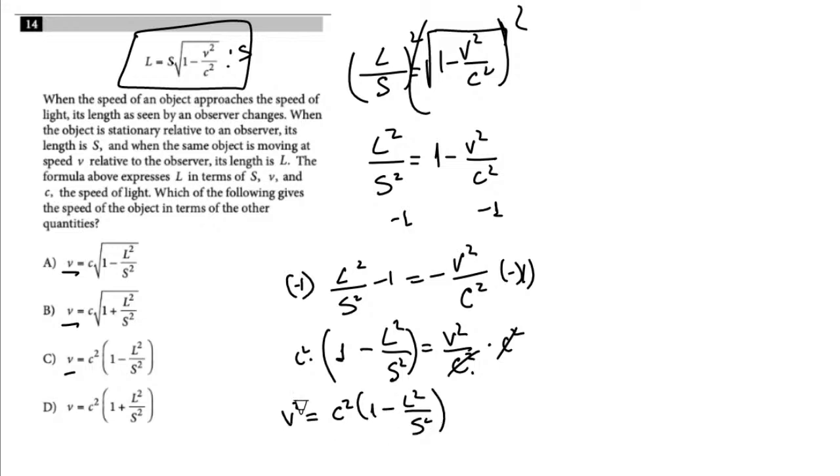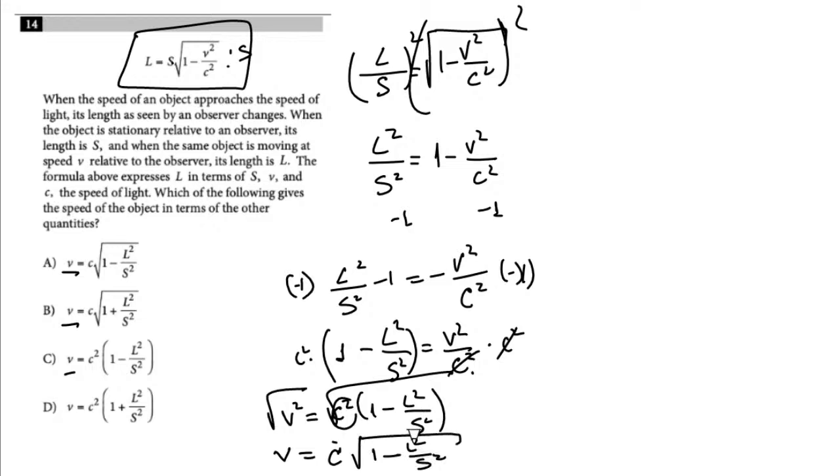V is squared, so to get rid of it, I use the square root on both sides, so I get V. Here C comes out, so it's just C, and I keep all of this in the square root: 1 minus L squared divided by S squared.